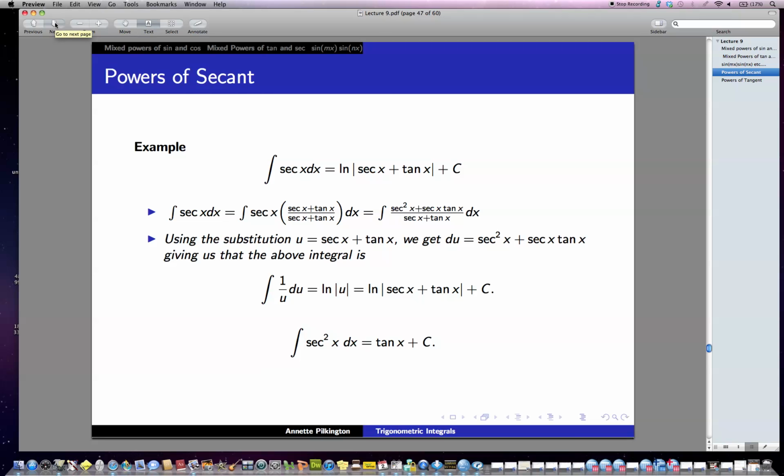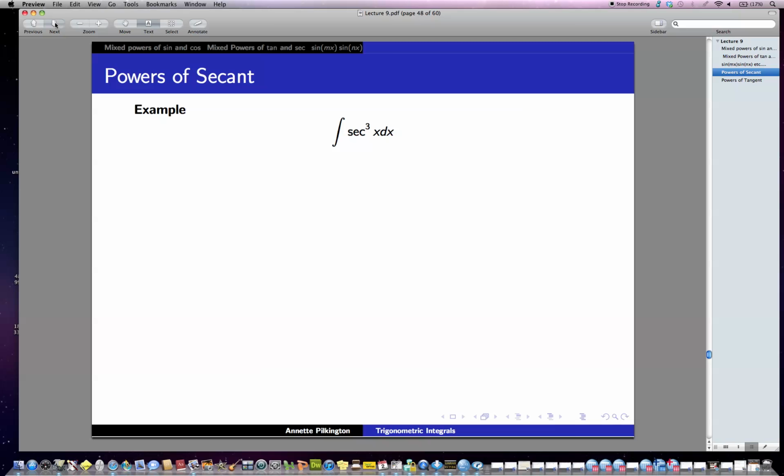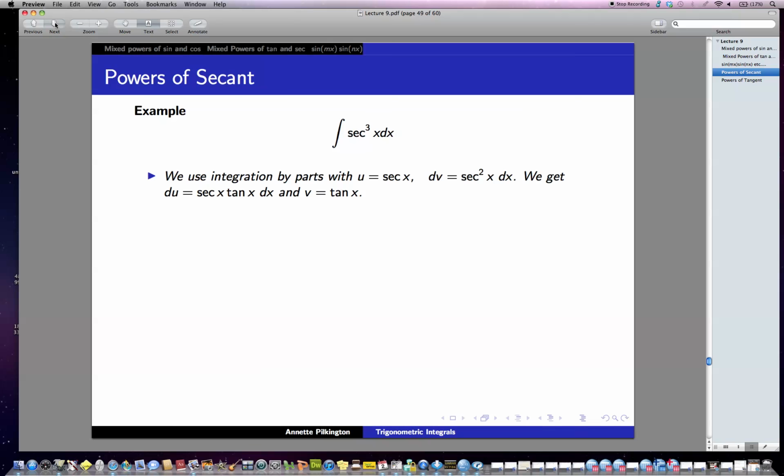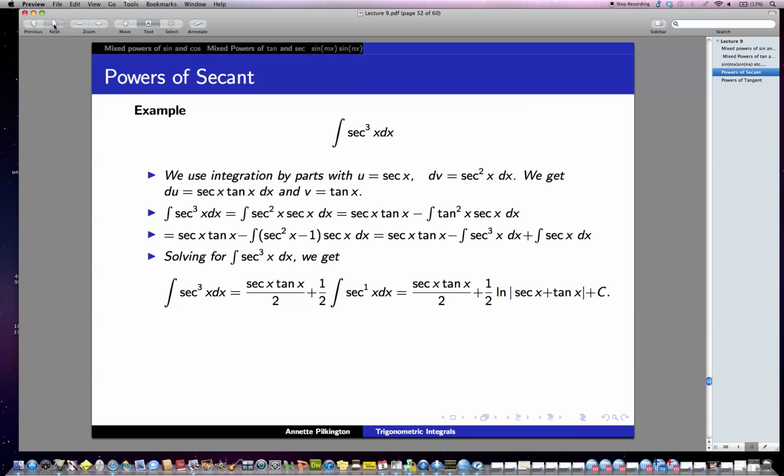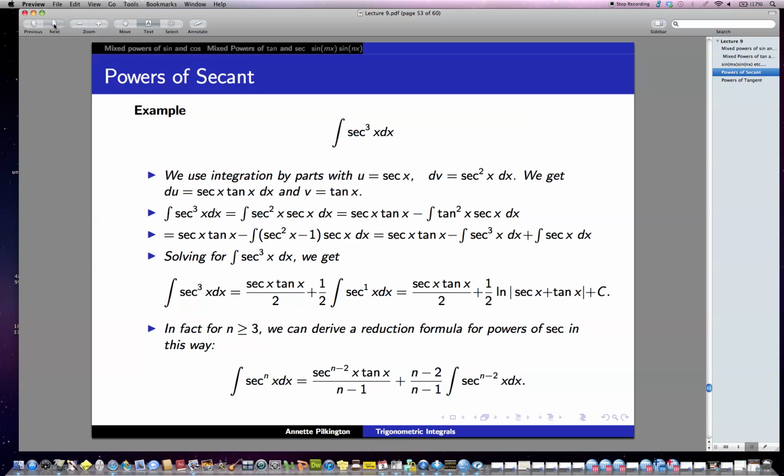What about secant squared? Well, of course that's the derivative of tangent, so its integral is tangent plus some constant. Secant cubed, we can use integration by parts on this. We let u equals secant, dv equals secant squared, and carry on from there. In fact, we can use integration by parts for secant to the n, for any odd power of secant, to find this reduction formula.